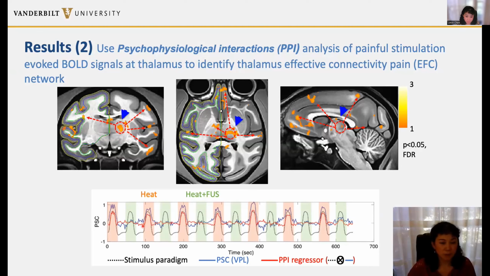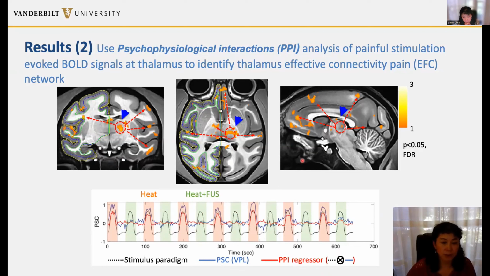Here you can see the blue curve is the time course during heat stimulation, and the blue blocks are when the heat and FUS stimulation was delivered. The red curve is the PPI regressor.